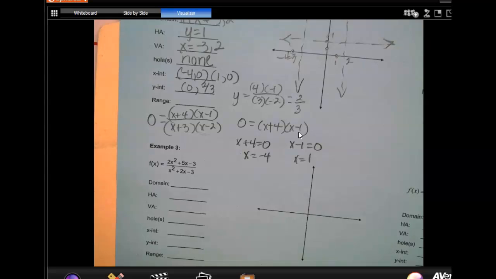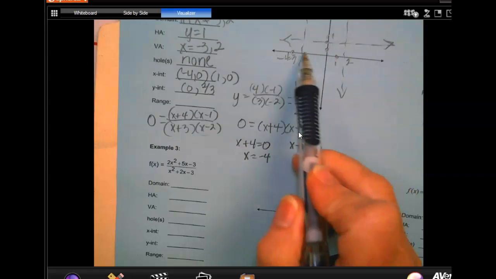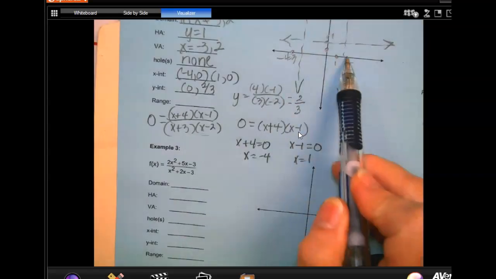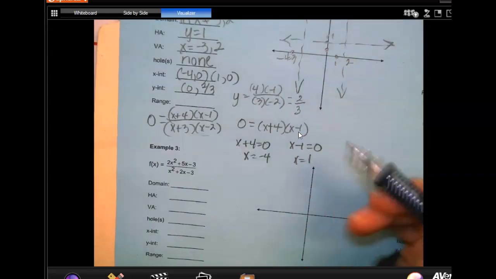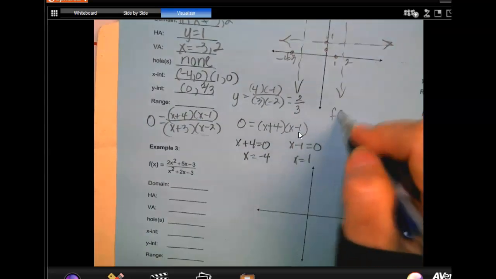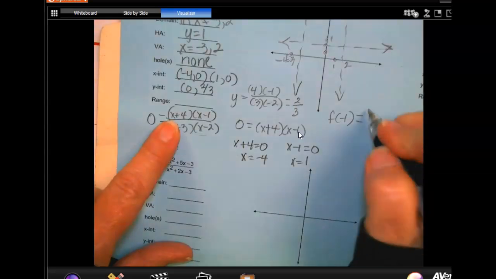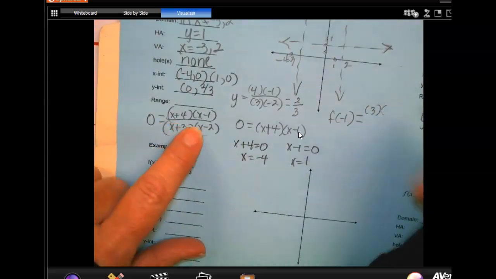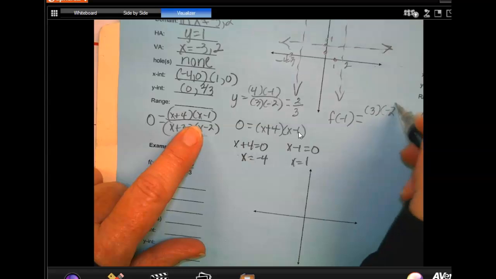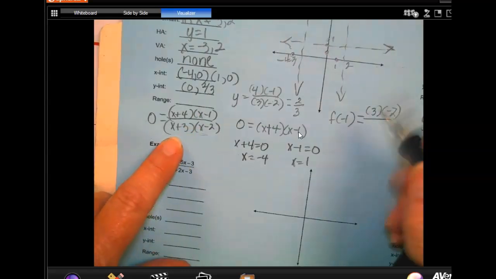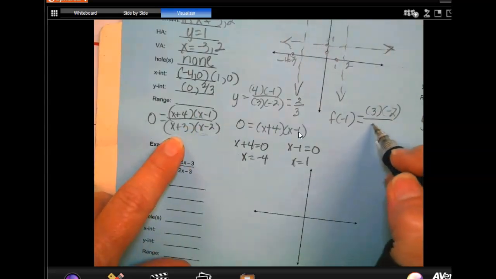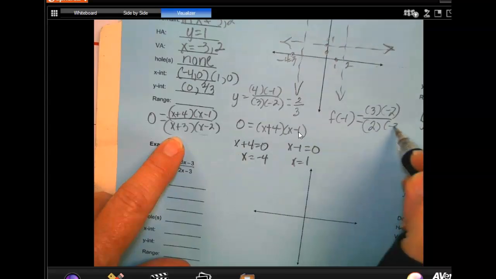I have to test 2 points. I have to test 1 from 0 to -3 and 1 from 2 or bigger. So if I test f of -1, if I put -1 in, I'm going to get 3 times -2 times 2 times -3.